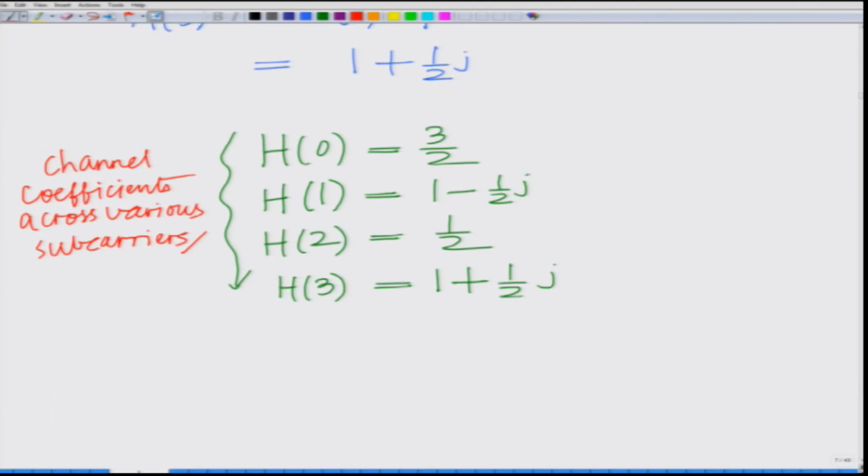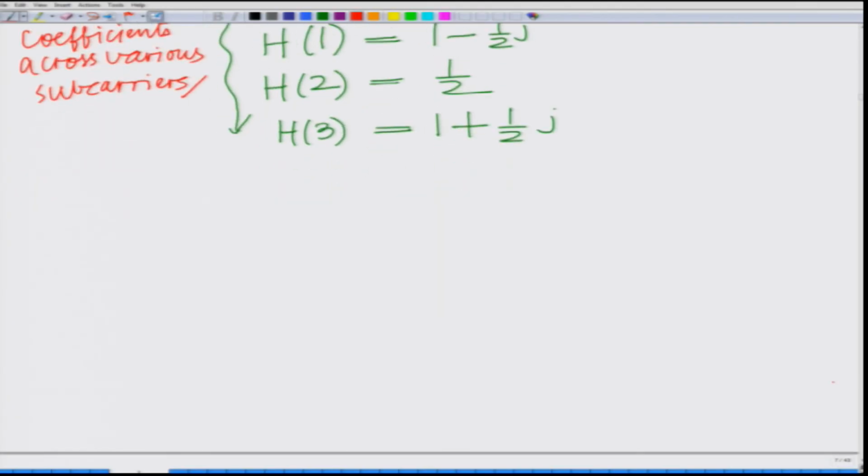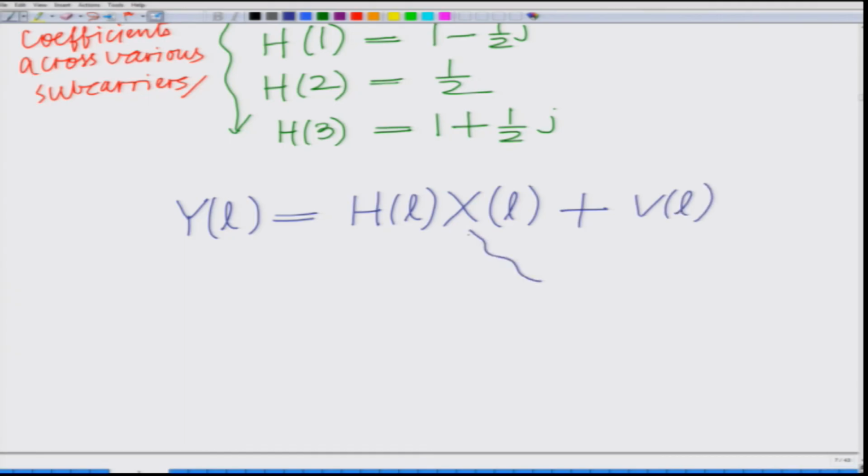Okay. And now, what we have in the frequency domain across the lth subcarrier is Y of L equals H of L times X of L plus V of L, and we have to compute the estimate of the coefficient across the lth subcarrier.